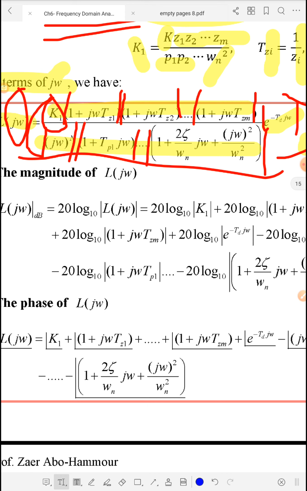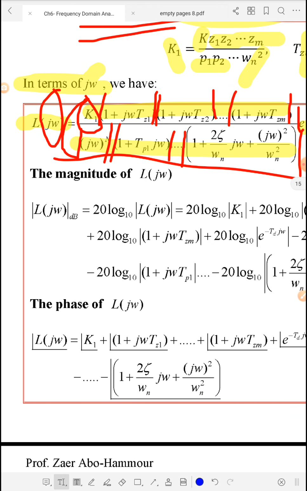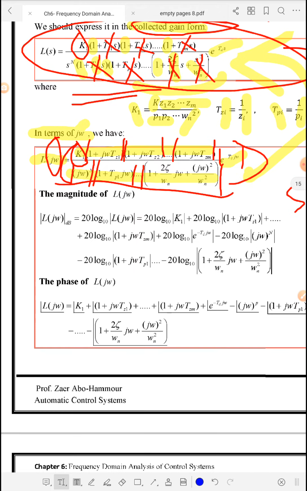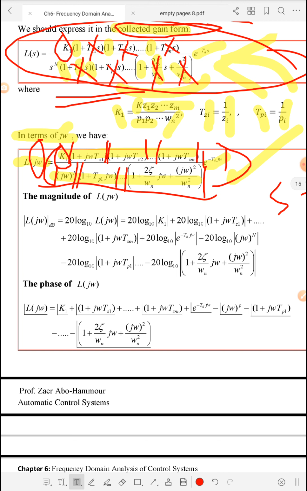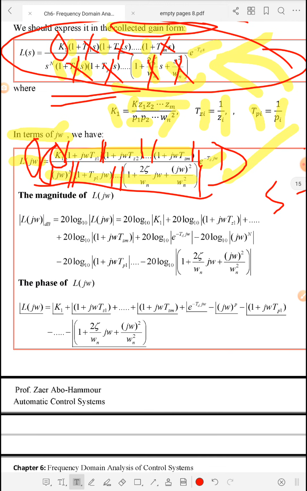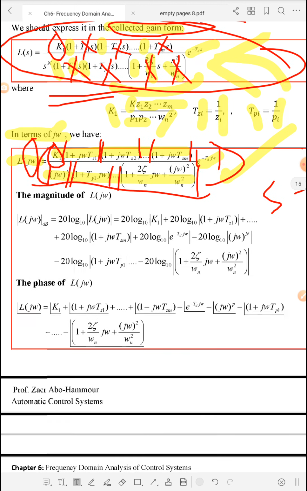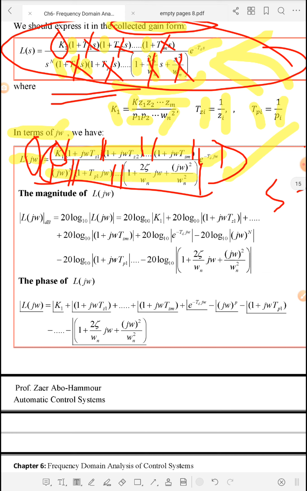So this is why, when we take the magnitude of the transfer function, we do not calculate it in the normal scale. We calculate it in the dB scale, which is a logarithmic scale, 20 log of all of the terms.